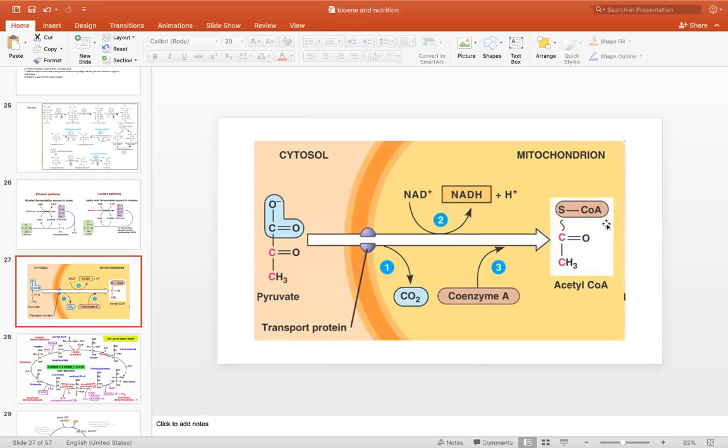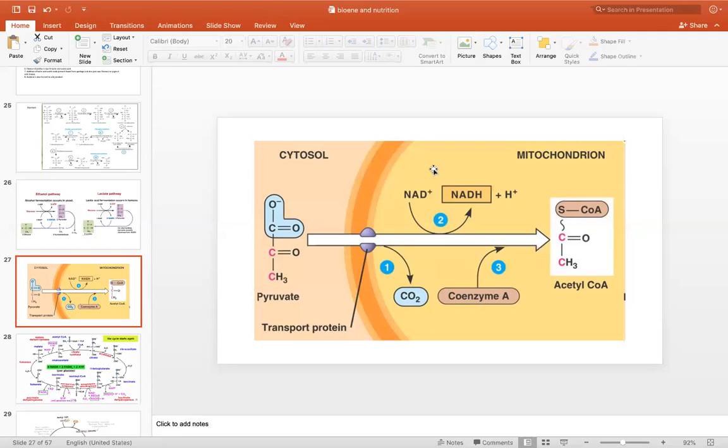The compound is known as acetyl-CoA. Your 3-carbon molecule, which is your pyruvate, gives out a carbon dioxide, forming a 2-carbon molecule. Coenzyme A, which is another cofactor, is added to it, and NADH is produced in this process, and you have your acetyl-CoA. This process is known as pyruvate oxidation.